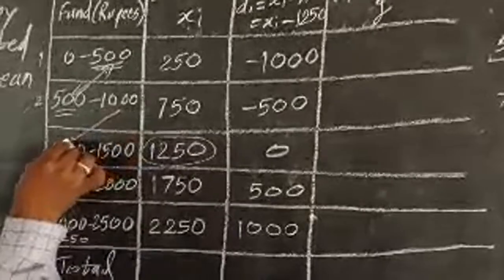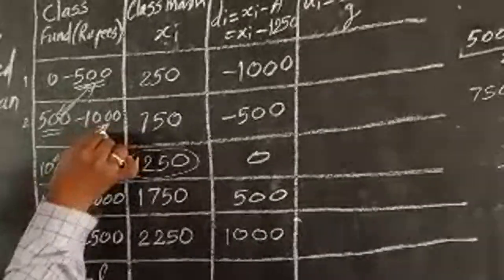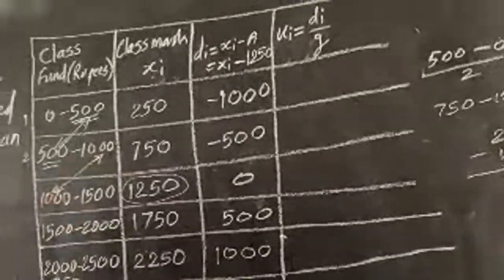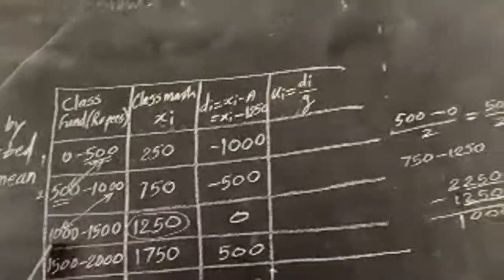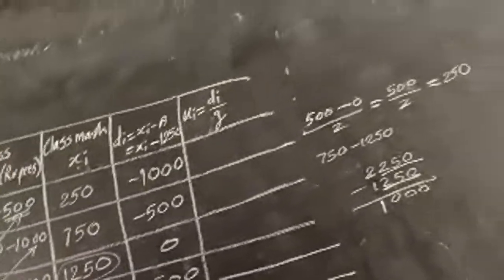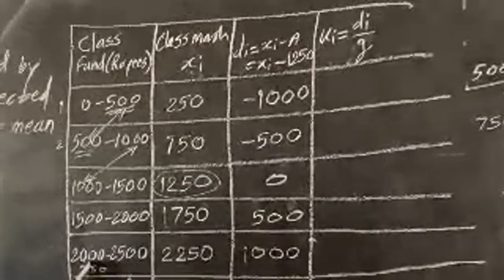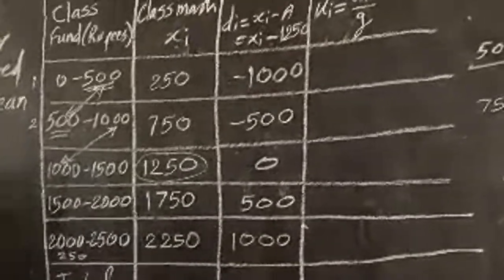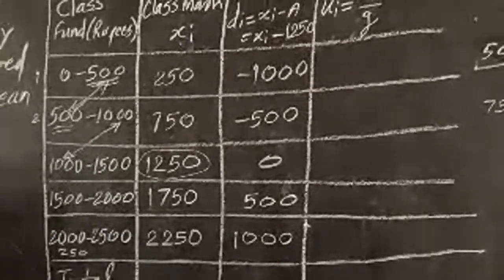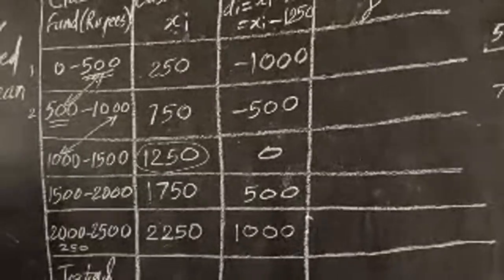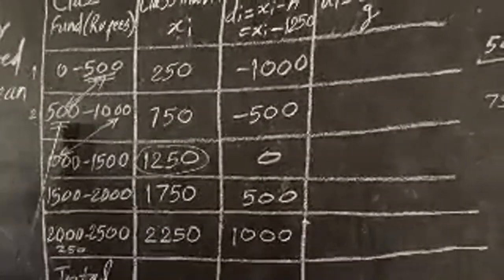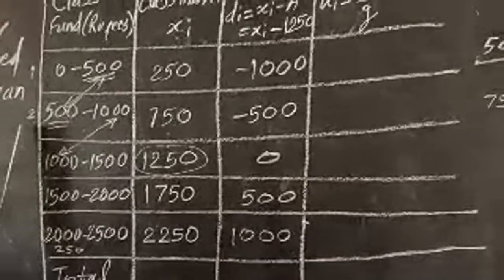End 1000 and starting 1000 also mean continuous. This also continuous, this also continuous. Then you can use upper limit minus lower limit.